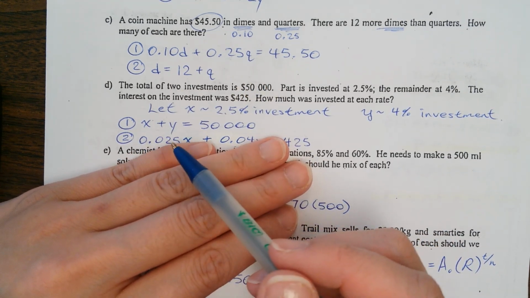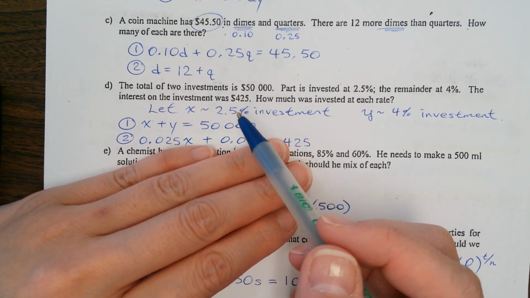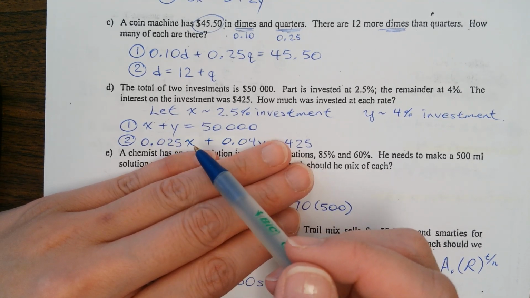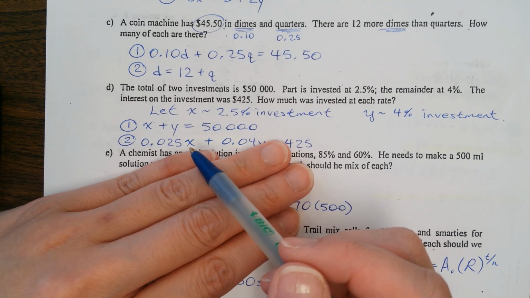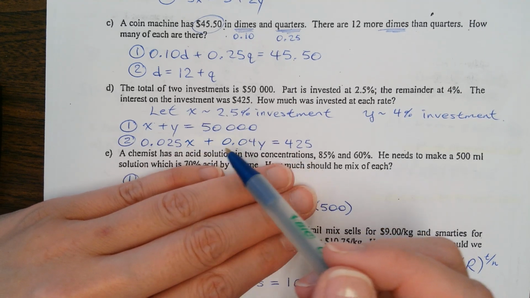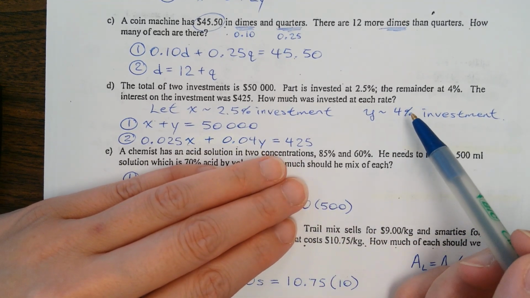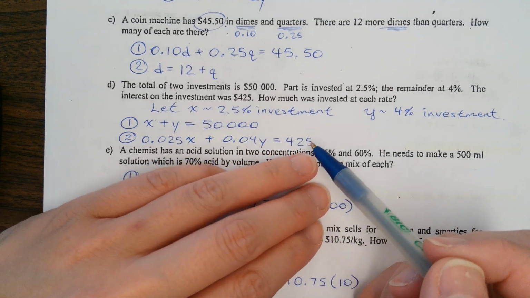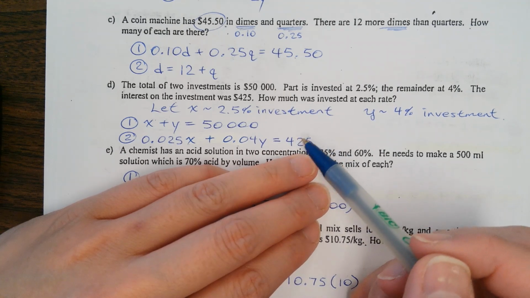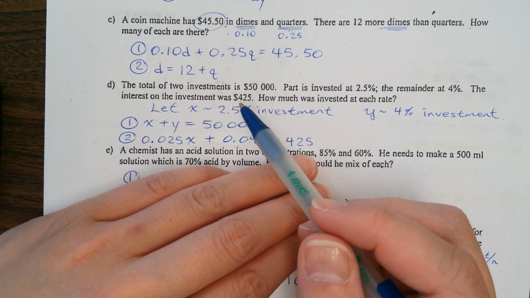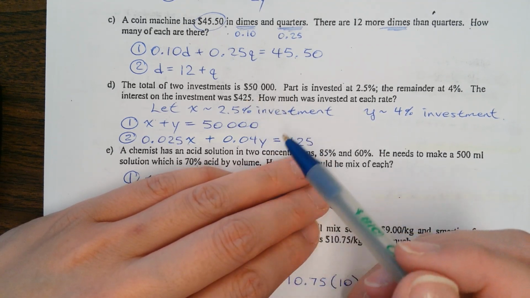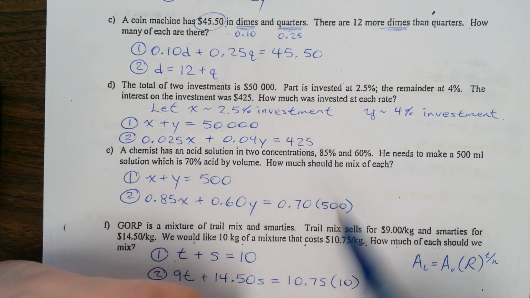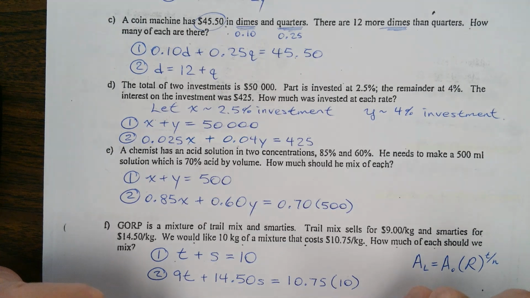And then the second equation would be the 2.5%, change that to a decimal, so it's 0.025 times the amount of investment you have for the first part, plus 0.04 times the second part of the investment, and then it equals 425. So that 425 is already the interest. They already calculated it for you. You earn 425, so it's just equals that. Okay.